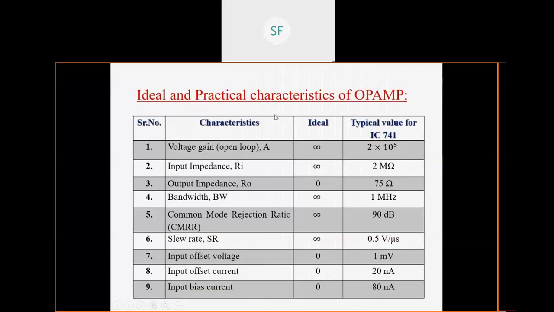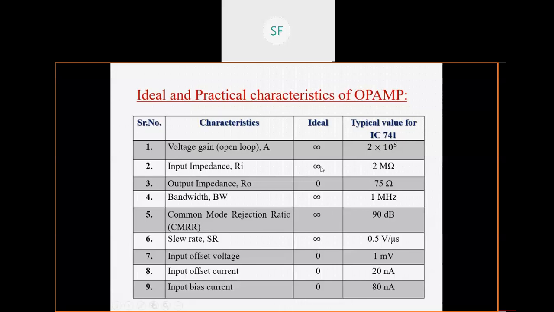So now this table is very important and many times questions are asked on this particular table. Many times a question will be asked like this: explain or give the ideal values of all the parameters of op amp, or compare the ideal and practical values of the op amp. You must remember this. Ideal values you can remember easily. There will be no problem at all.